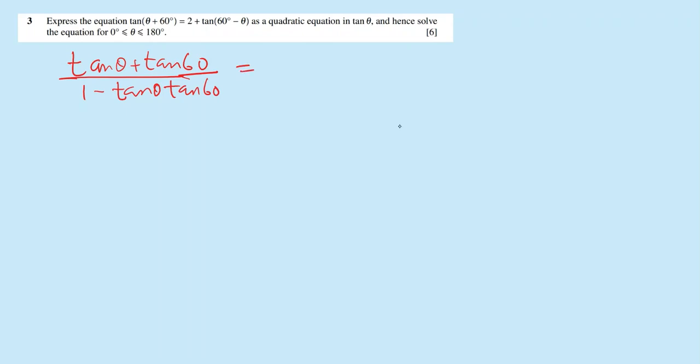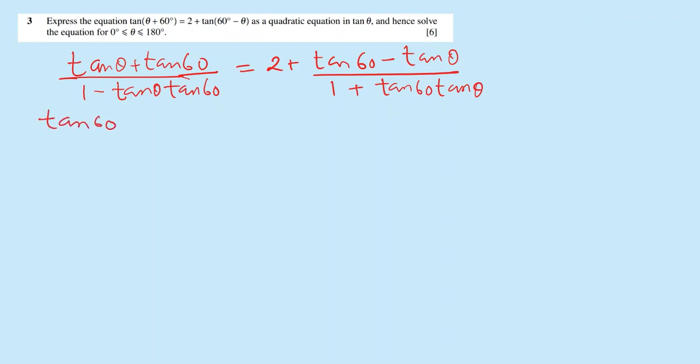Similarly, tan(60 minus theta) will be tan 60 minus tan theta over 1 plus tan 60 tan theta. If we use our calculators, the exact value of tan 60 degrees is square root 3.